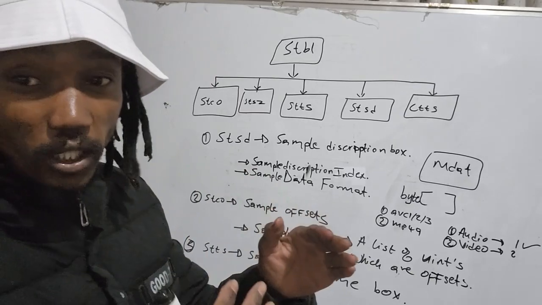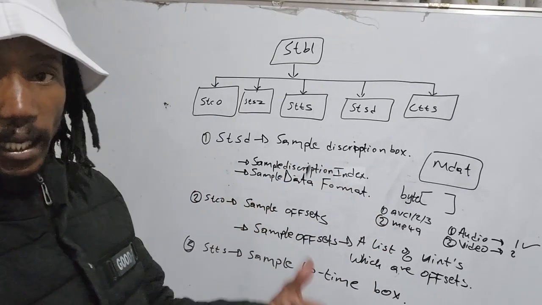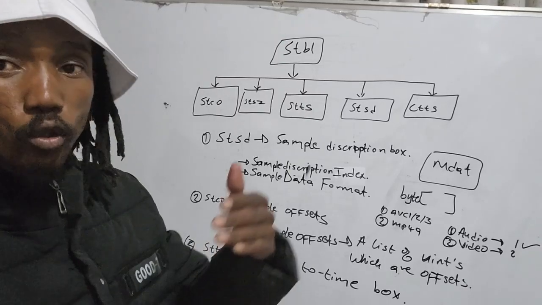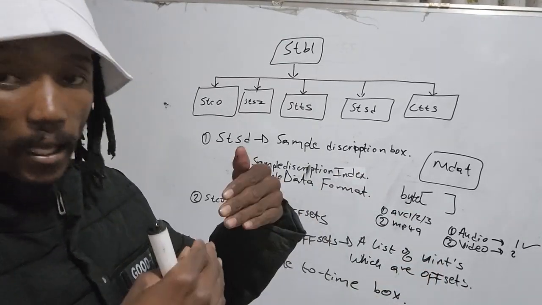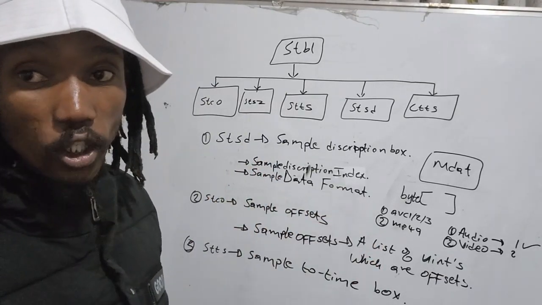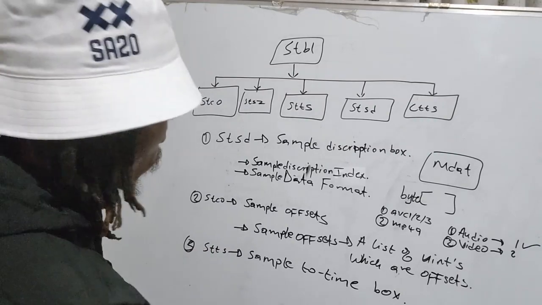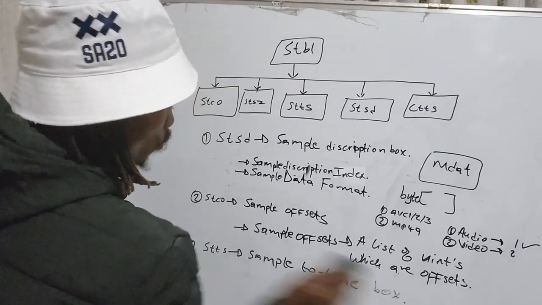So an encoder is going to take all the samples that have the same duration, and record those number of samples with the same duration.